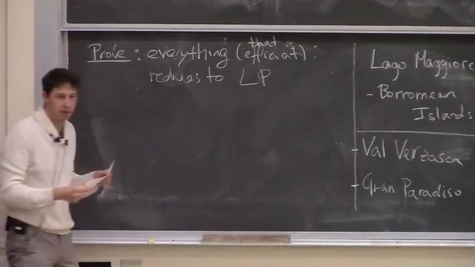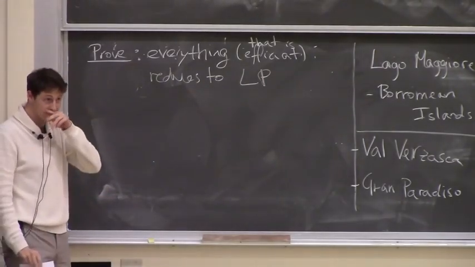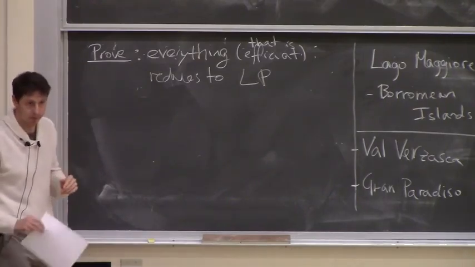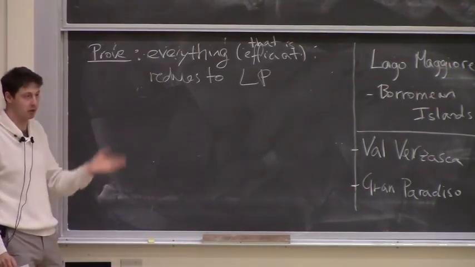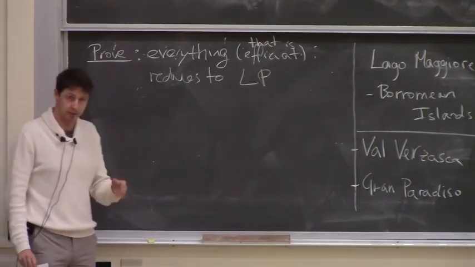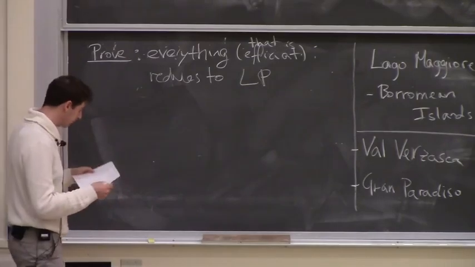It's a pretty strong statement, right? It says everything that is efficient reduces to linear programming. So there is some way to rewrite your problem so that you can just push it into a linear program. It will solve it for you, and then you get back the answer.